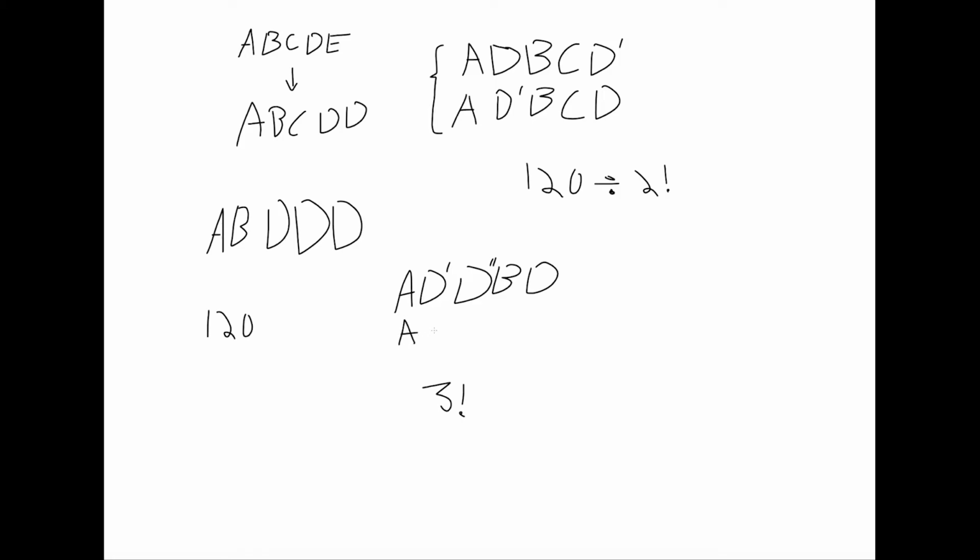If there was another permutation that happened and it was in this order, for example, these two would be considered different permutations. And there are going to be 3 factorial of these, okay? There are going to be 3 factorial different ways to re-represent A, D, D, B, D using just those D's, changing those D's around. So we have to divide it by 3 factorial because we're getting rid of those redundant D's.